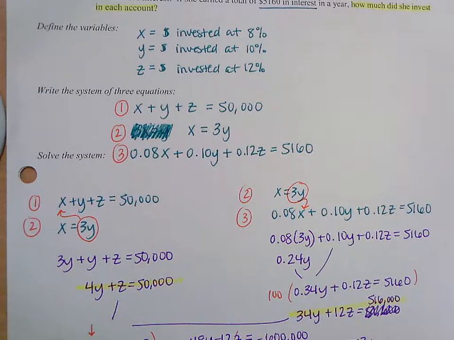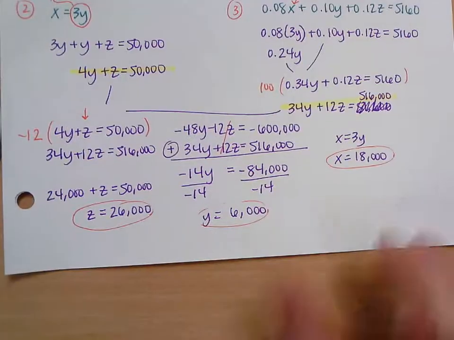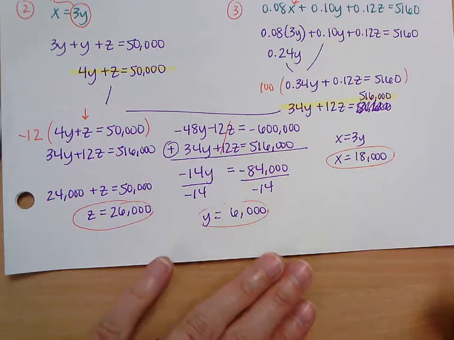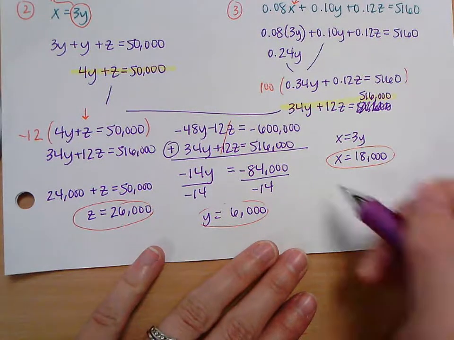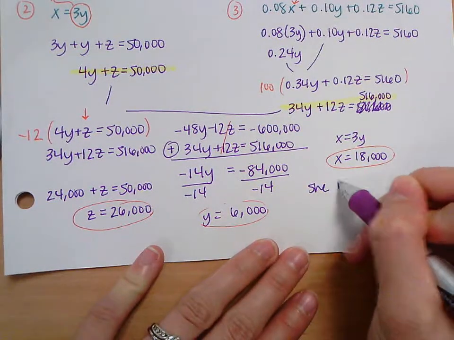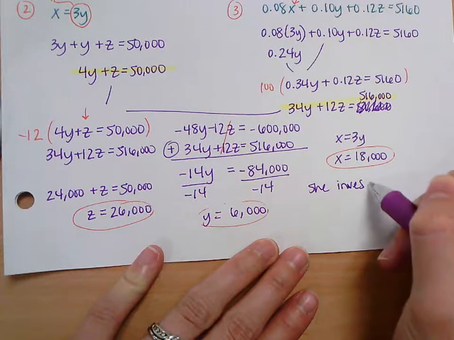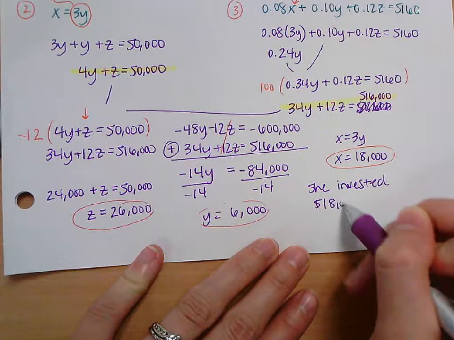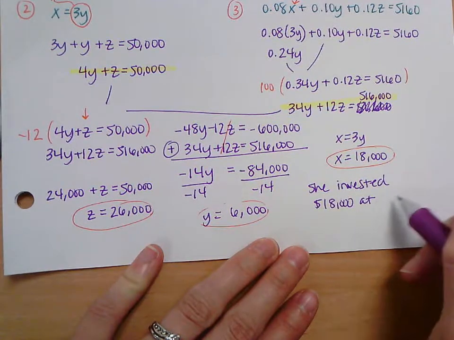And as long as everything makes sense, here just make sure you answer the question then in context. So I don't have to write my answer as an ordered triple for these because x, y, and z actually represent something. So I could say she invested, we're talking about how much money Miss Garza invested. So she invested $18,000 at the 8% interest.